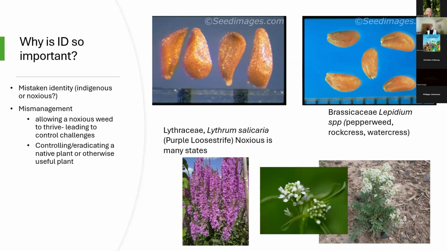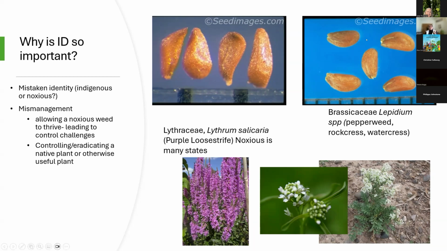so that when you obtain samples or seeds that might be donated and they're not marked, and you don't have the background and you don't know what the mother plant looks like, you can see in these two examples here with the purple loosestrife, which is noxious in Colorado, what those seeds look like on the left, and then compare that to the Brassica, Lepidium species, or watercress here. When we see these seeds under higher magnification, we can tell they're different.